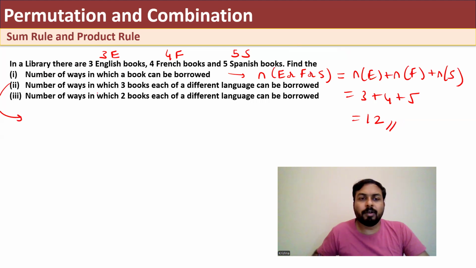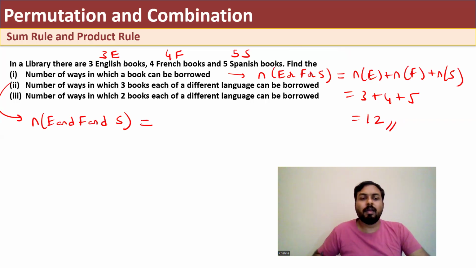That's the second bit. The number of ways in which 3 books, each of different language, can be borrowed. So I need to borrow 3 books, and each one should be of a different language. So I need to borrow an English book, and a French book, and a Spanish book, right?